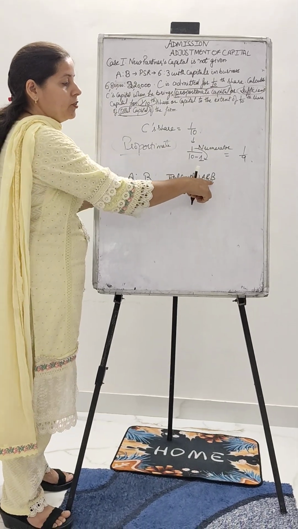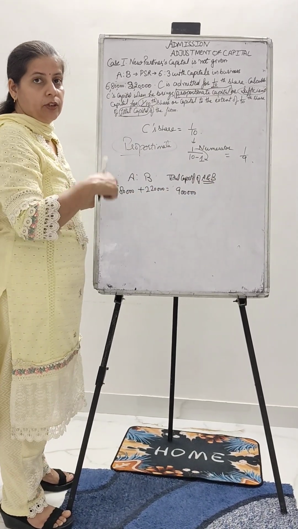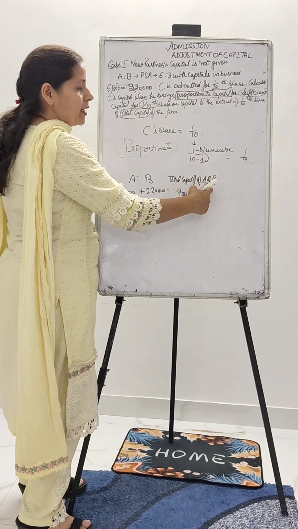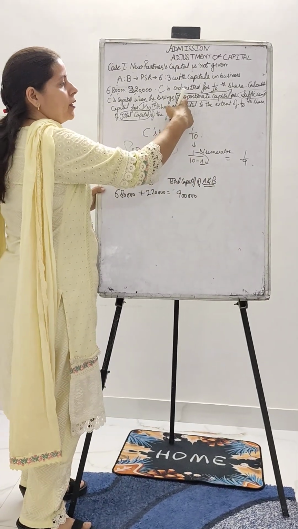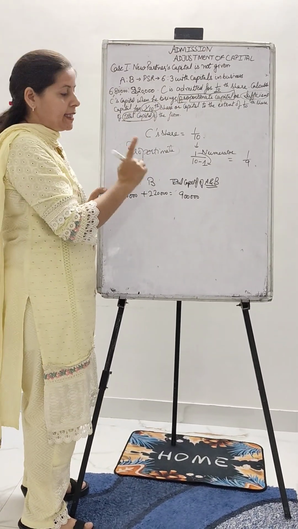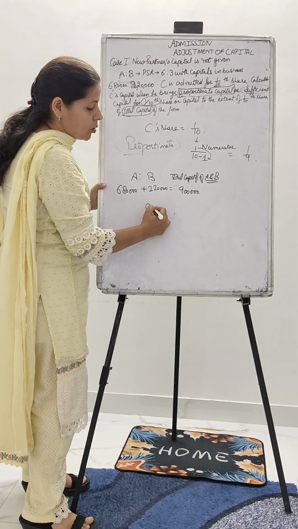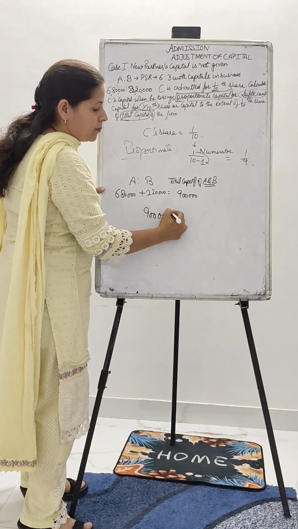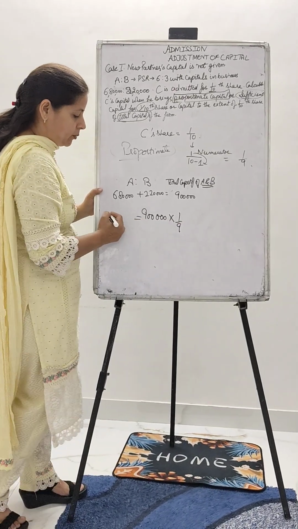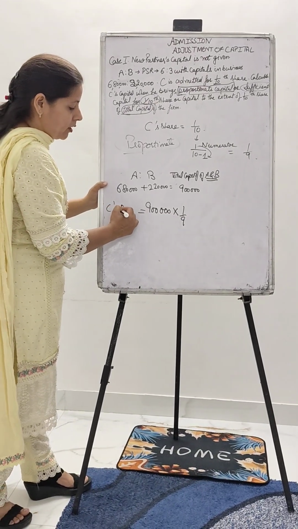Total capital of only A and B, not for the firm here. So 9 lakh is the capital of A and B, and when we have to calculate for proportionate 1/10 share or total capital, in that very case, this capital would be multiplied by 1/9 to calculate C's share of capital.